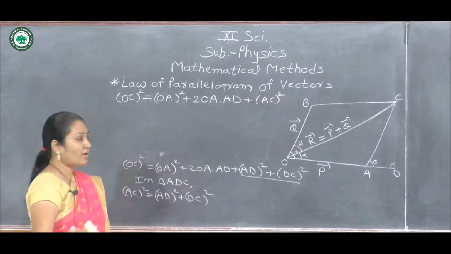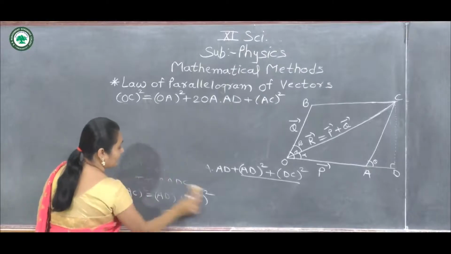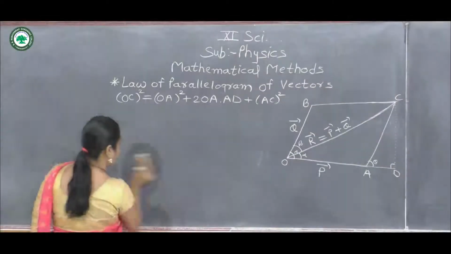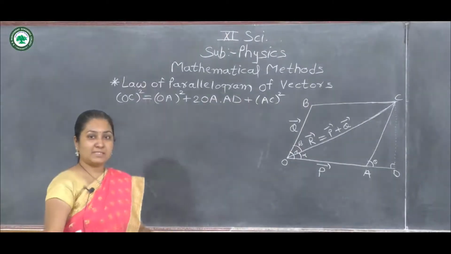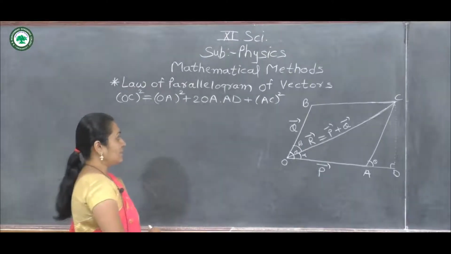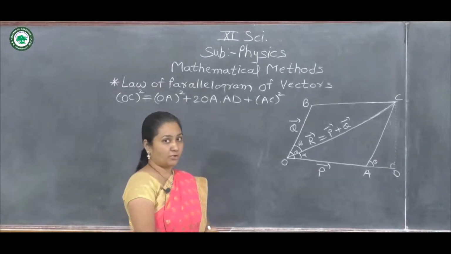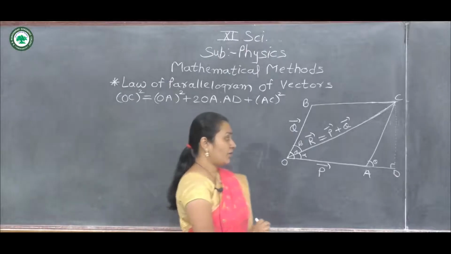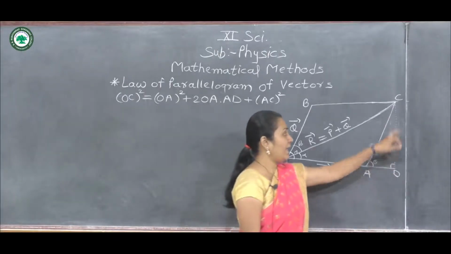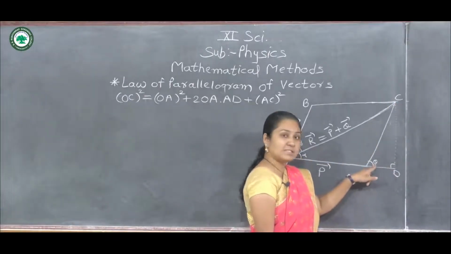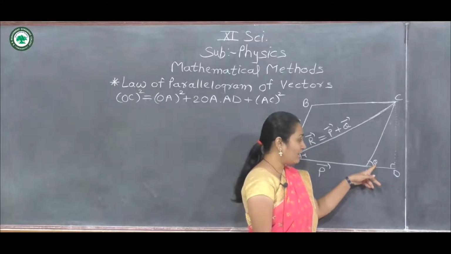So now again we have to simplify the equation. To simplify this equation, we will use the concept of trigonometry. In triangle ADC, this theta is the angle.